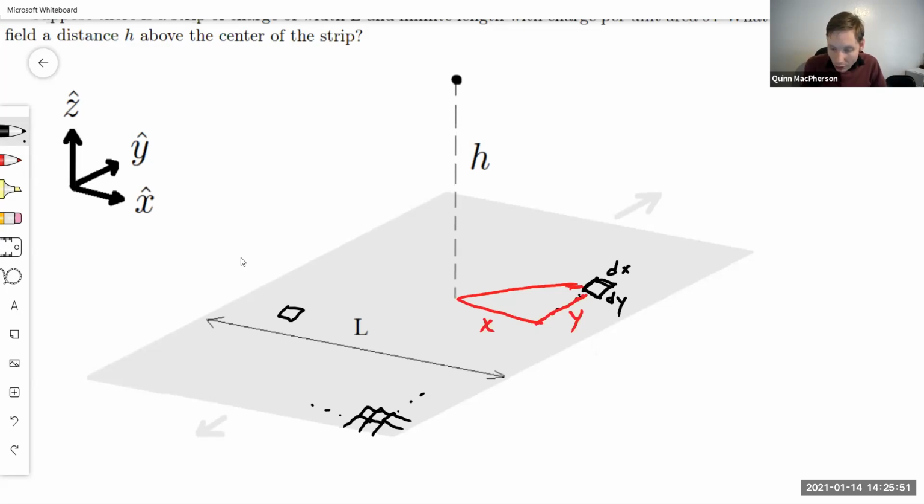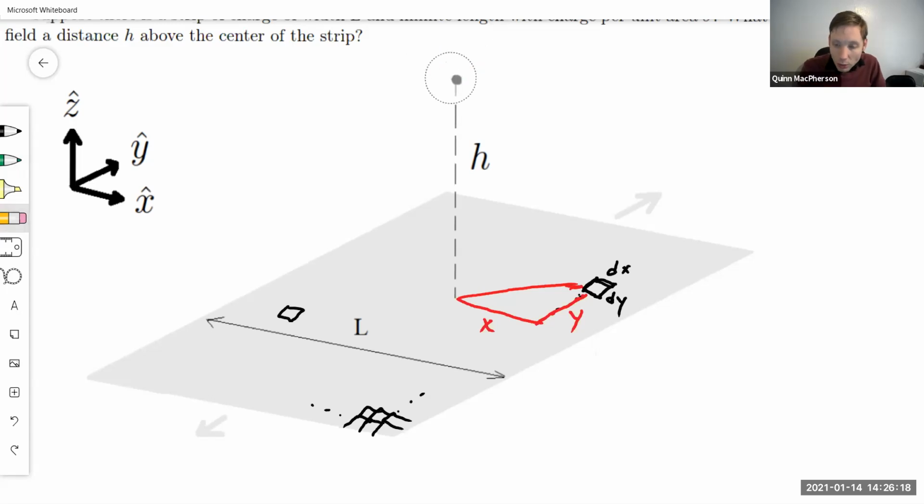The chunk over here would create a field, let's make it green, in that direction, and this one over here would make a field pointing in that direction, and the horizontal components would cancel out. No matter which little square you have, there's a corresponding square on the other side of this point here, and their horizontal components will cancel out, so the net field in the end will be straight up.